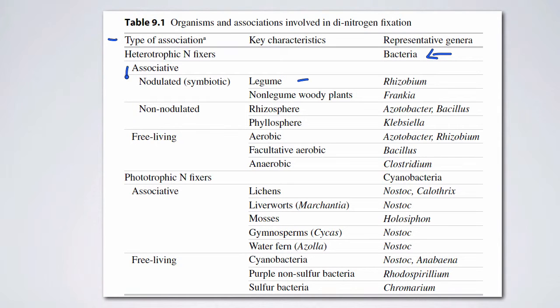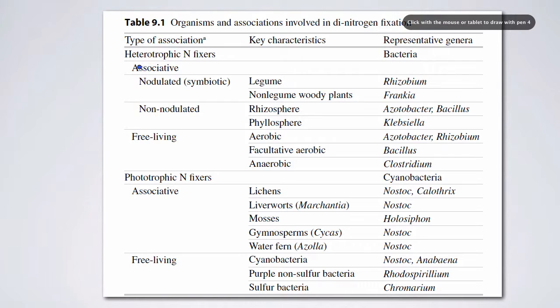So associative nitrogen fixation can occur in a nodulated system. Legumes, for example, are associated with rhizobium, while non-leguminous woody plants, such as alders, tend to be associated with a different set of bacteria, the Frankia. Now this happens in nodules that are produced by the legumes or the woody plants, but there's also non-nodulated systems too.